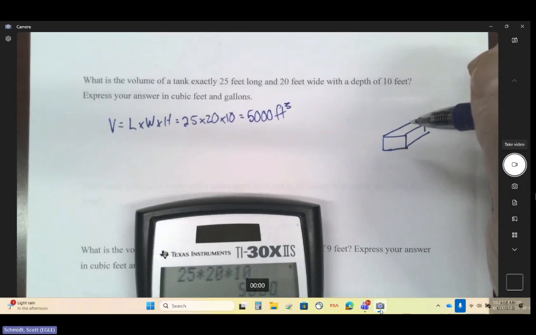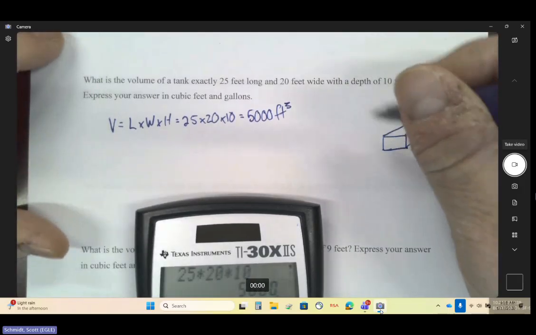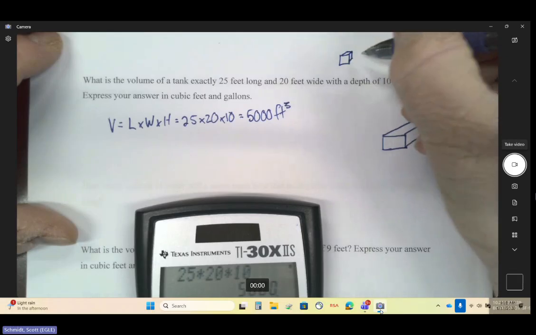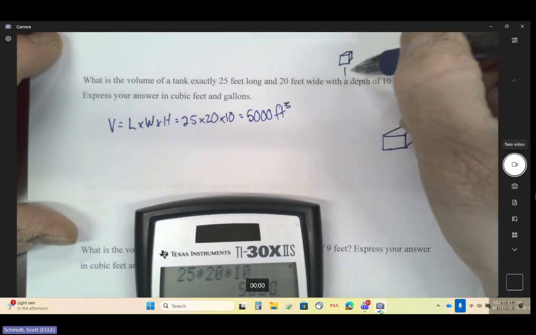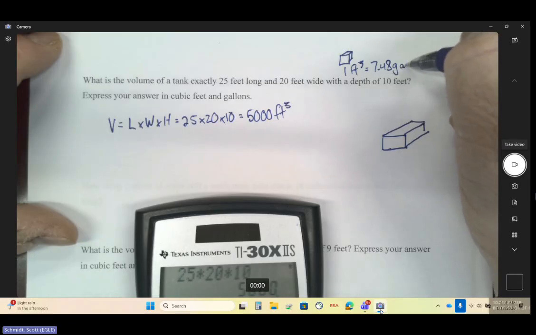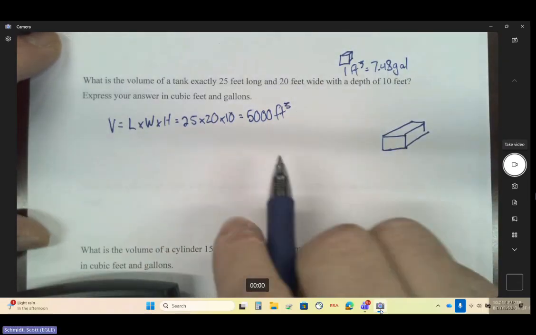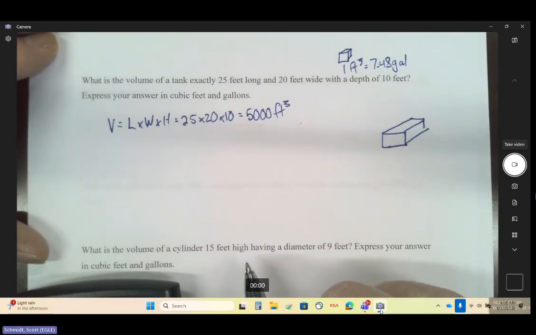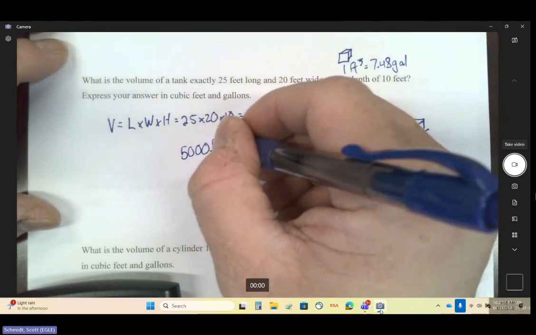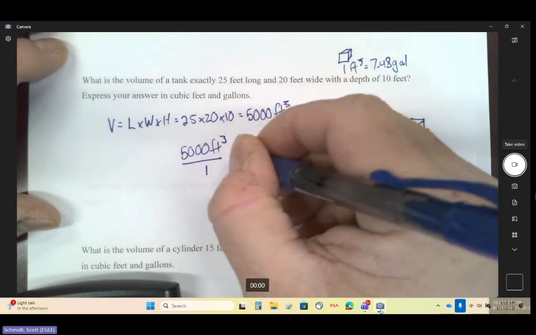I know in other videos I've indicated that 1 cubic foot, so that's a box 1 foot by 1 foot by 1 foot, is equal to 7.48 gallons. So I have to get my 5,000 cubic feet to gallons. I'm starting with 5,000 cubic feet over 1.